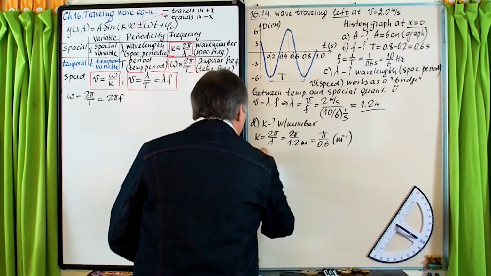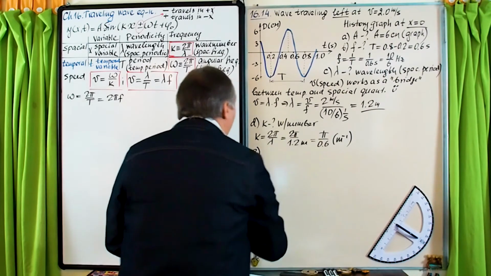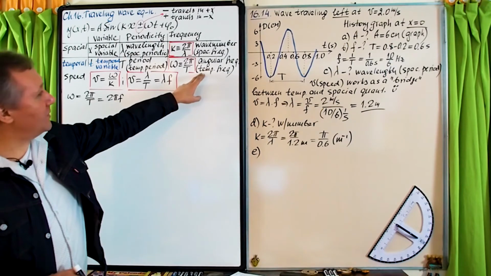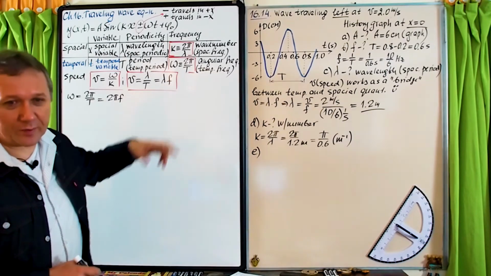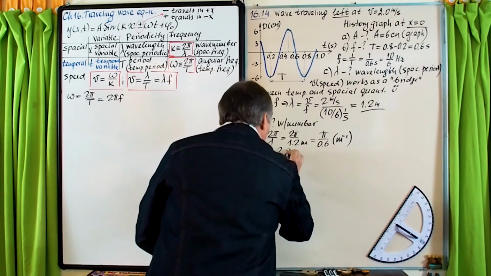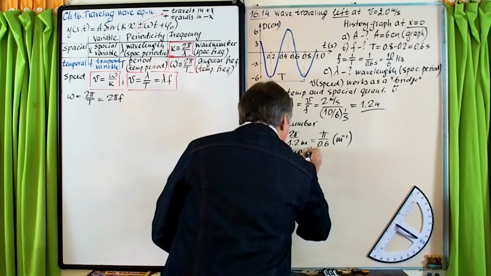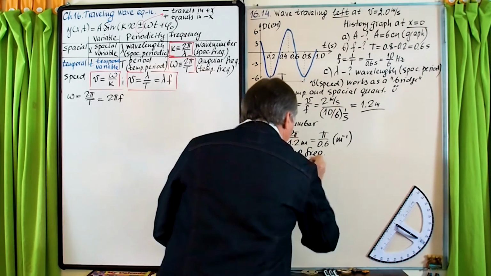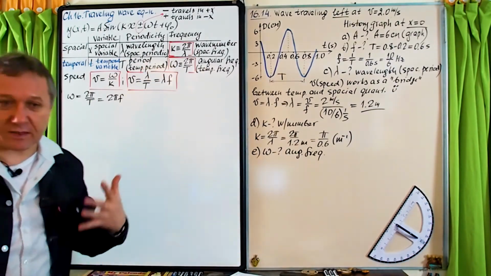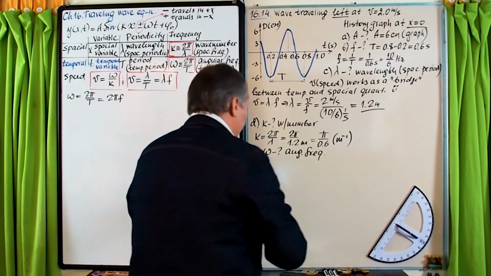Next, A, B, C, D, E. Now let's find angular frequency, which is the temporal frequency, omega. So omega, angular frequency. Again, by definition, 2 pi divided by T, that's how this quantity is introduced.